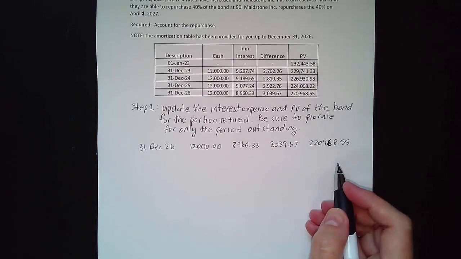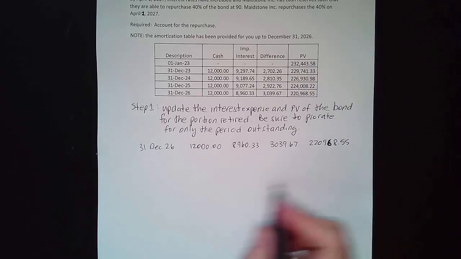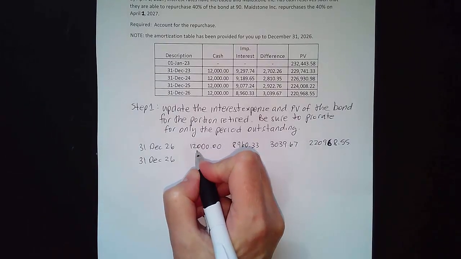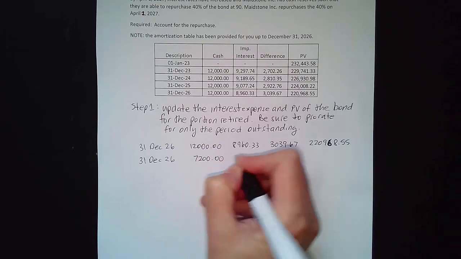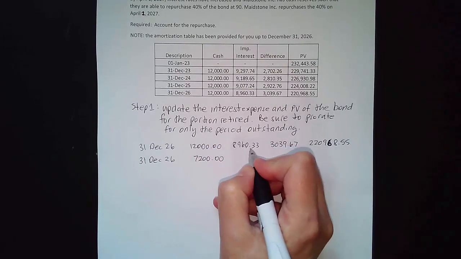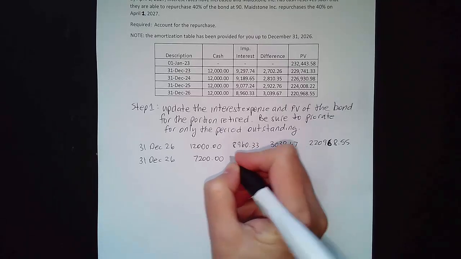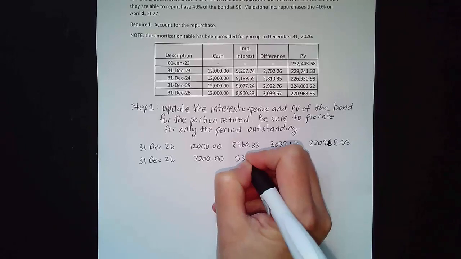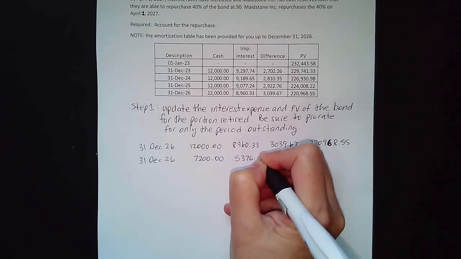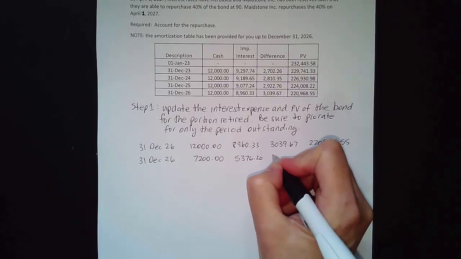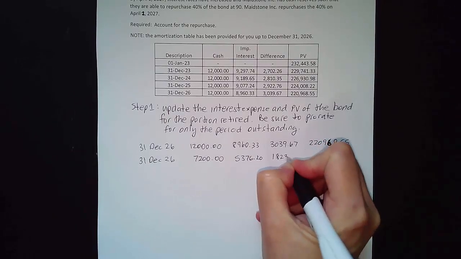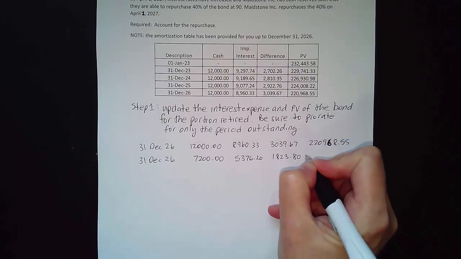I want to renew the line for the 60% that will continue in the future. 12,000 multiplied by 60% is equal to 7,200. $8,960.33 multiplied by 60% is going to be $5,376.20. The difference between these two amounts is $1,823.80.